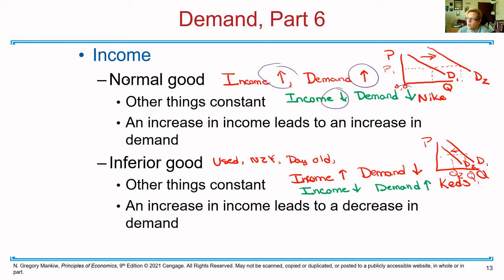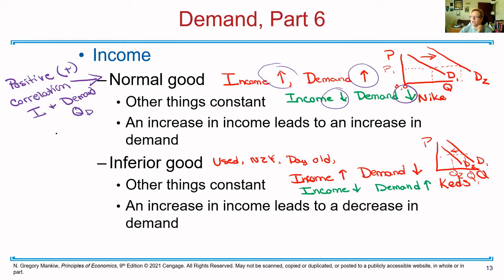So one of the things I want you to notice, for normal goods, there is positive correlation between income and demand. Or we could say quantity demanded in this case.